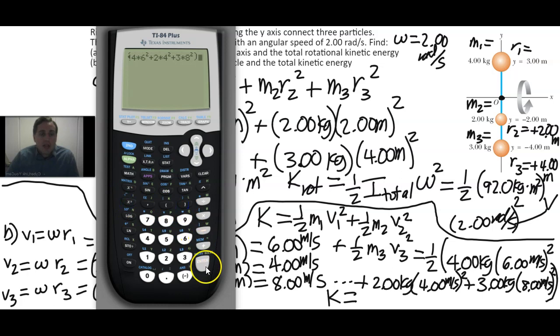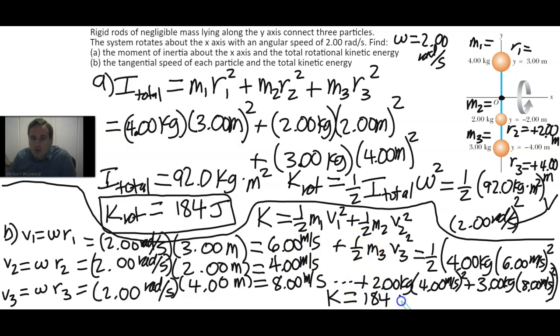Close the parenthesis. And if I am correct, we should have the same kinetic energy, and it's 184 joules. This is what we expected. So 184 joules. Physics works! Math and science are not broken.